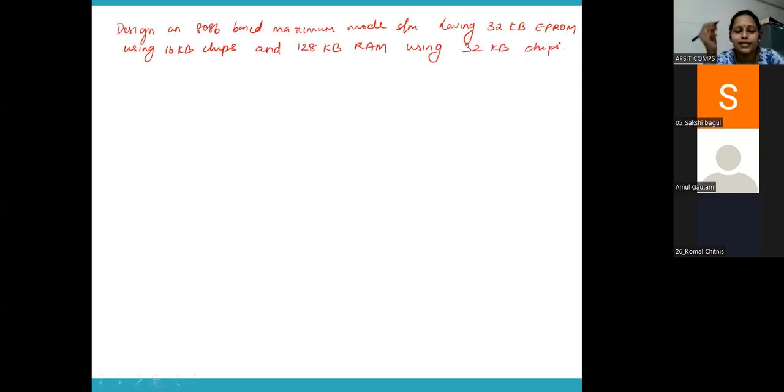So for RAM, this is the capacity that you want. For ROM, this is the capacity that you want. This is the size of the chips which is available for ROM, and this is the size of the chips which is available for RAM.